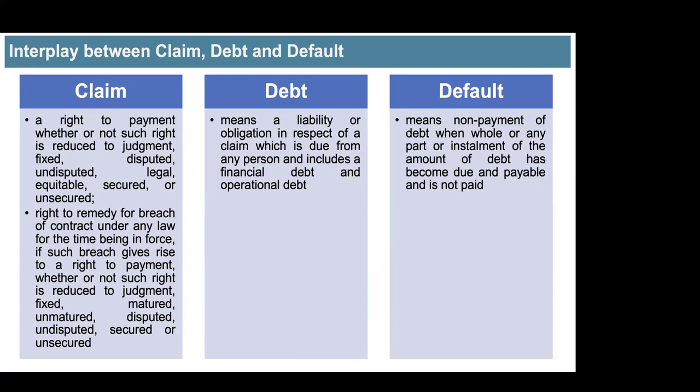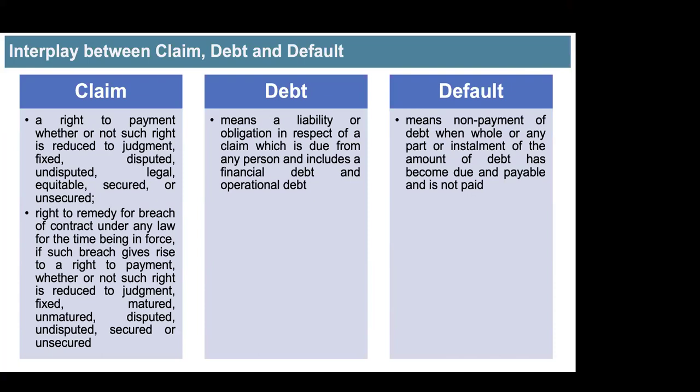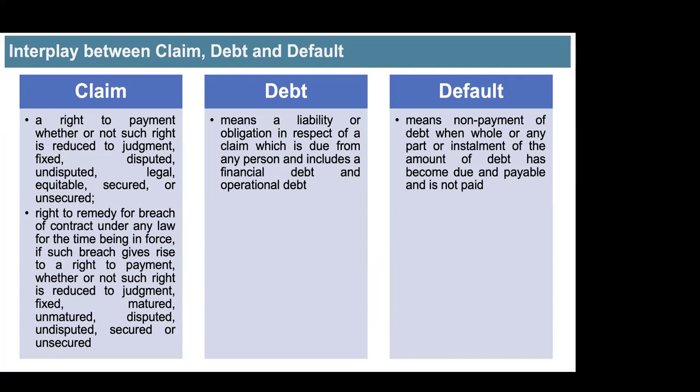There was a security which belonged to a third party. At that point of time, the bank was secured with some assets, which are also in the balance sheet as a note. But I'm saying they have no security interest in the assets of the corporate debtor. So in that case, that bank will be treated as an unsecured creditor.